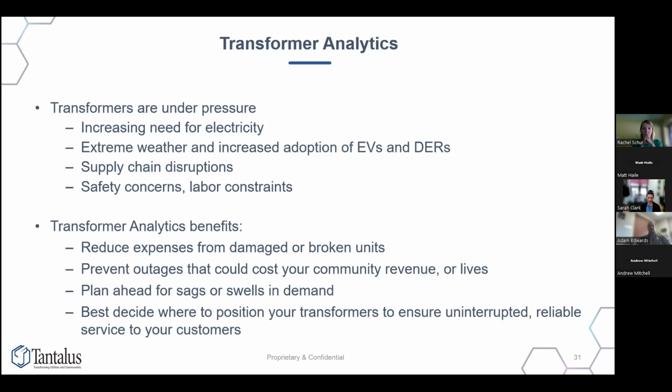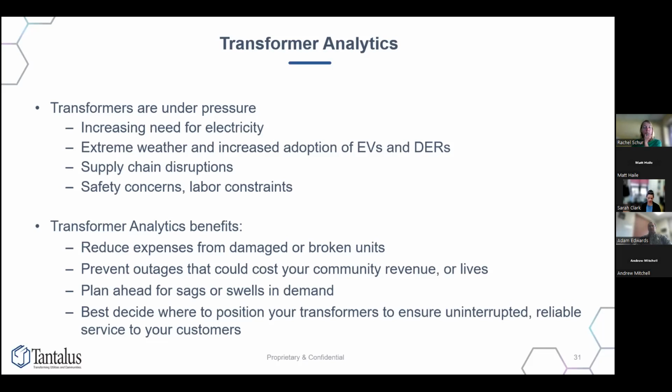But I wanted to sum it up from the Tantalus perspective by just making sure that we got across our message as to what's happening, and like Andrew said, what we're trying to do here. As I mentioned earlier, we're seeing a real need in the market for a solution like this. There's a tremendous amount of pressure out there. I think I mentioned some of these earlier in the presentation: increasing need for electricity, extreme weather, and increased adoption of EVs and DERs, placing pressure on what you're being asked to do and what's happening on the grid for you.